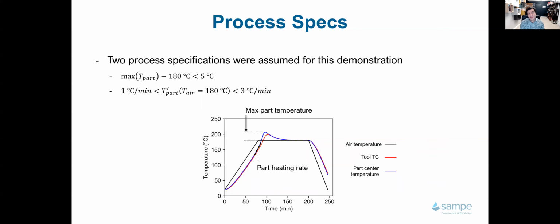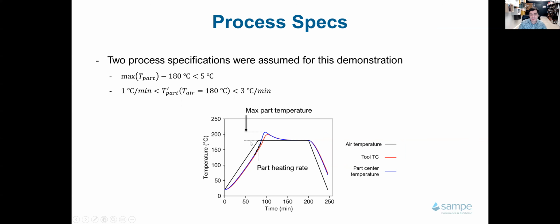2 process specifications were selected in this demonstration. One is that the maximum part temperature, that's the blue line, has to stay below 185 C. In this case, this would be the difference between 180 C, which is the air temperature, and the maximum part temperature as identified here.